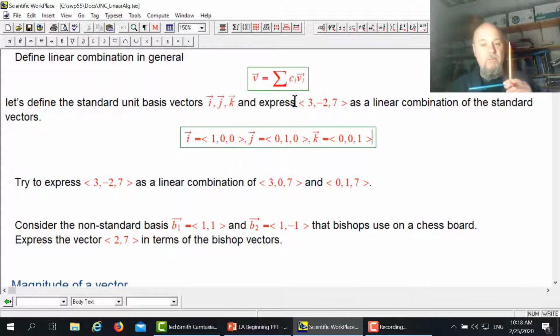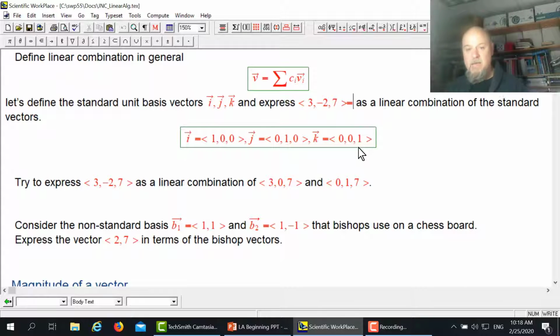And so I can express any vector in 3D as a linear combination of these 3 vectors. And to get the coefficients, how many i's I need, how many j's I need, how many k's I need, is just as simple as reading it off. I need 3 i's minus 2 j's and 7 k's.